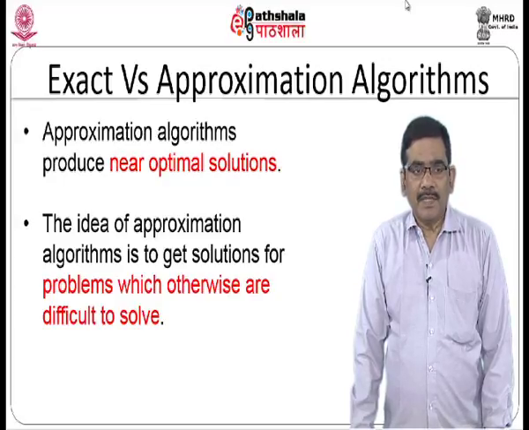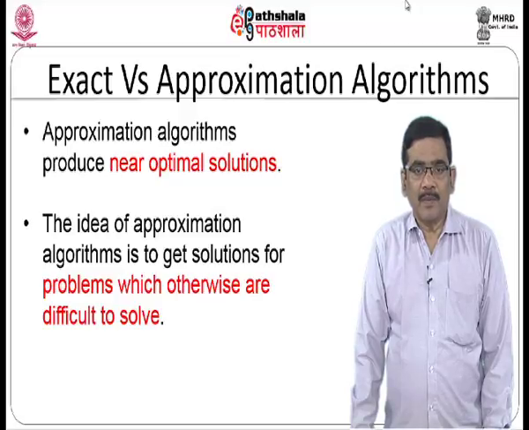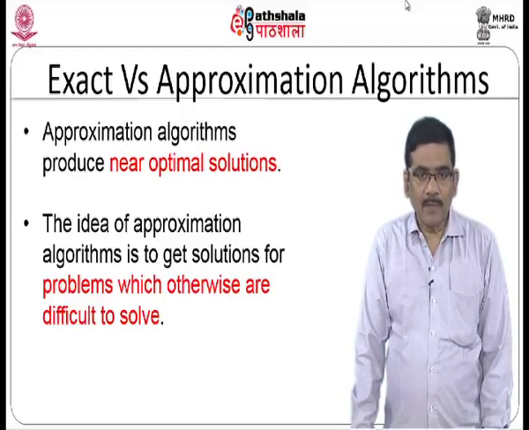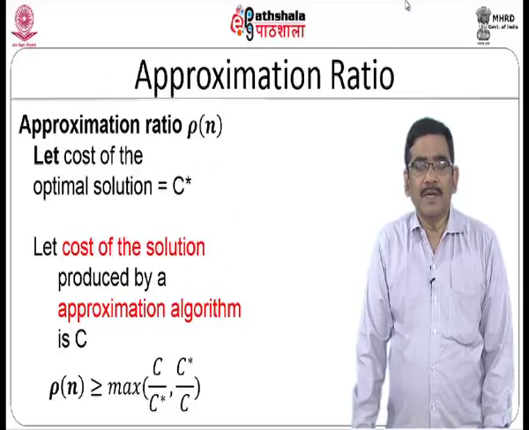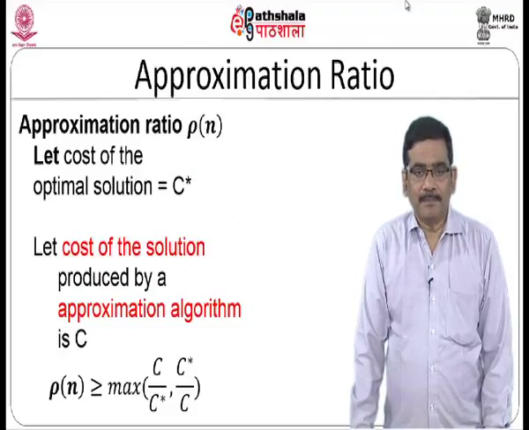A near optimal solution is more than sufficient for most problems because it is almost as close to the original solution. So problems where finding the exact solution is very difficult can be solved using approximation algorithms, which is more than sufficient in most circumstances. That is the reason why approximation algorithms are becoming very popular.